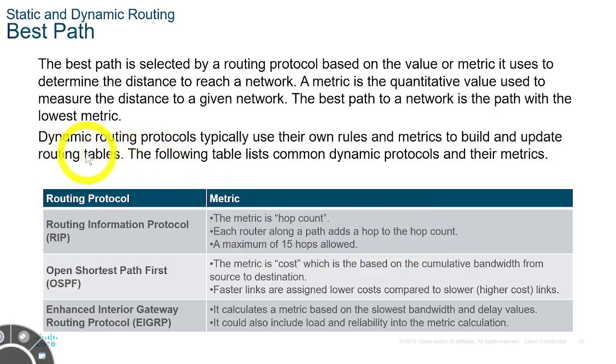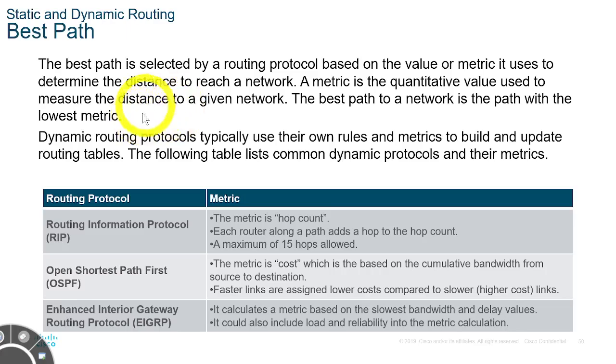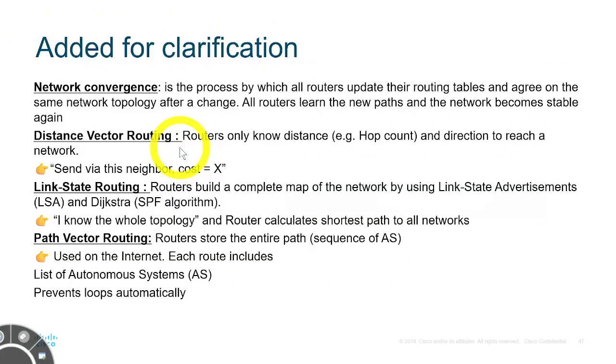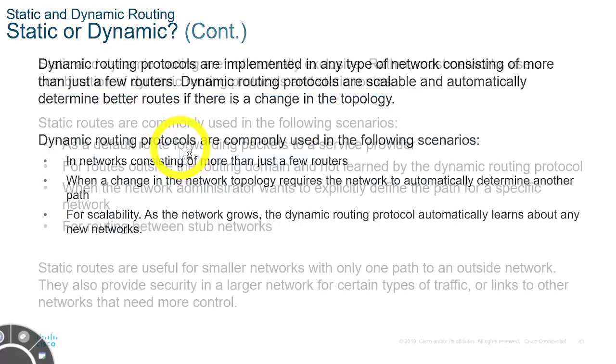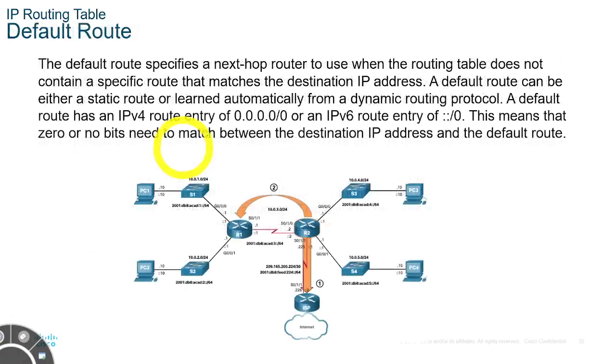Because if I start from PC1 and want to transmit to PC5, if this message has been forwarded to the switch, this is hop 1. Imagine that we want to transmit a message from here to there.